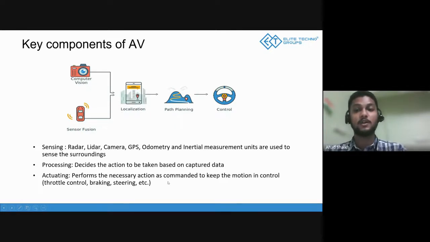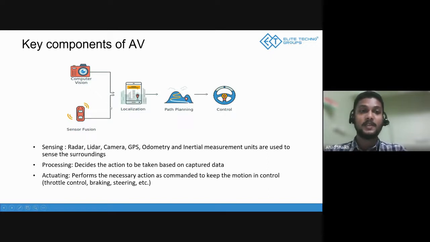The actuators could control the throttle, basically accelerating and decelerating the vehicle, then braking, sudden stopping, slowing down the vehicle, and steering where it has to turn. All these actions come under the actuating part. So we saw three basic key components of an autonomous vehicle: sensing, processing, and actuating. That's how it goes.